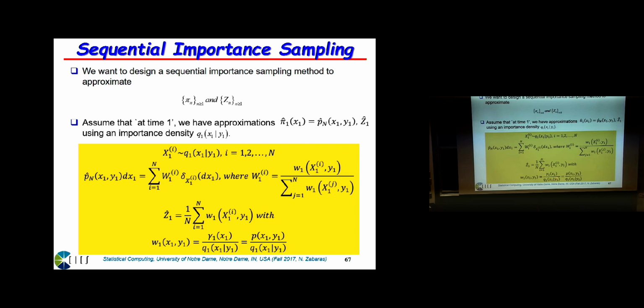And this is my importance sampling approximation at time 1. Look at it, it's the previous equations written only at time 1. So I only sample x1 from Q1 of x1, and my weights look like gamma 1 divided by Q1 of x1.